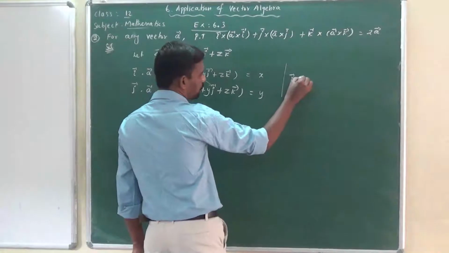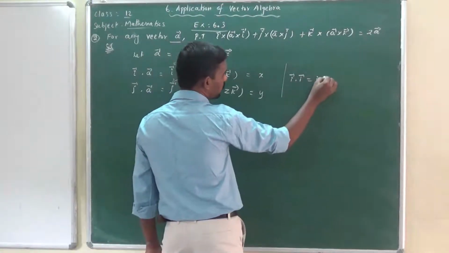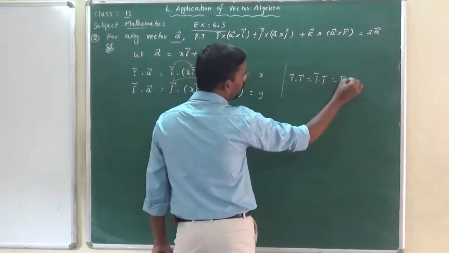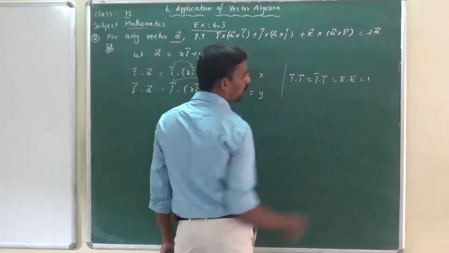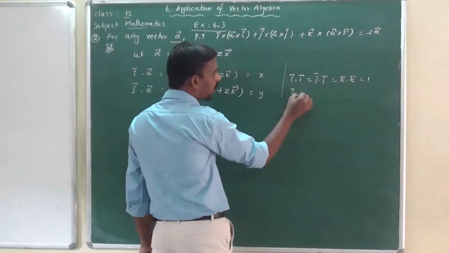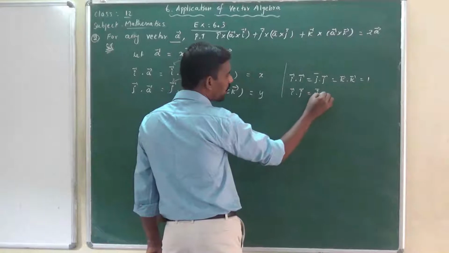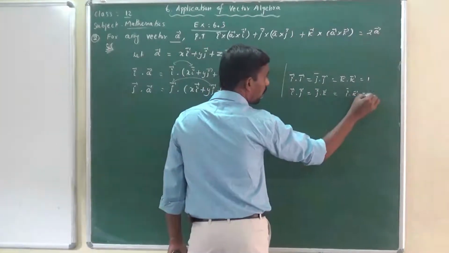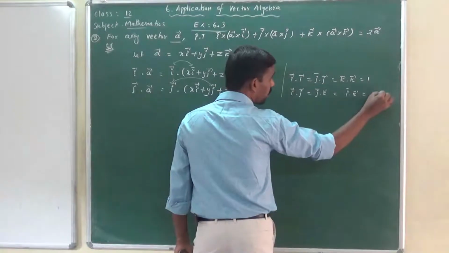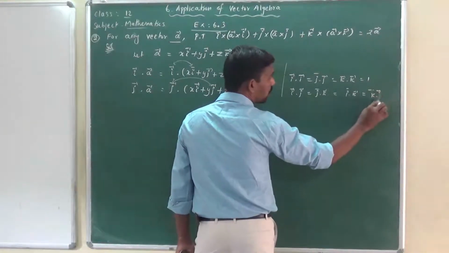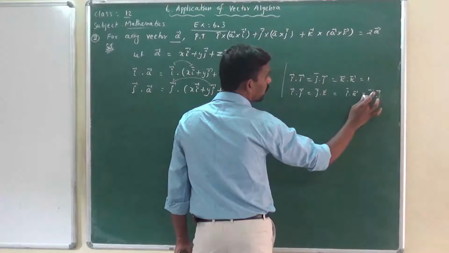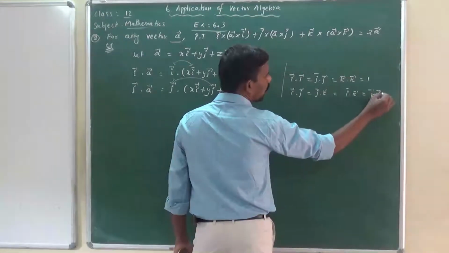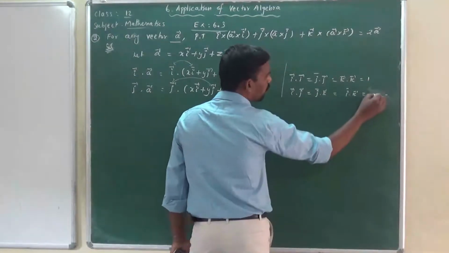I dot I, j dot j or k dot k, it will be 1. If I vector dot j vector, or j vector dot k vector, or I vector dot k vector, or k vector dot j vector, it will be 0, already proved here.